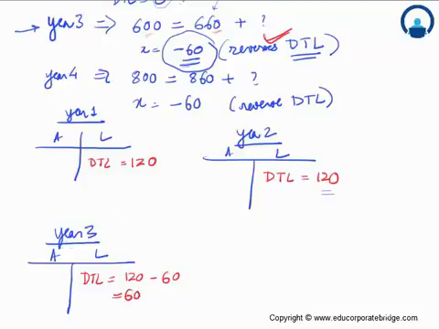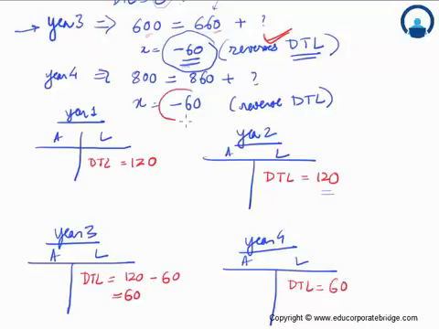And let's look at year 4. Here again assets and liabilities. What will be your deferred tax liability shown here? Your deferred tax liability was 60 earlier, and you can see that in year 4 also we have paid 60 more. So this gets reduced and it goes back to 0.